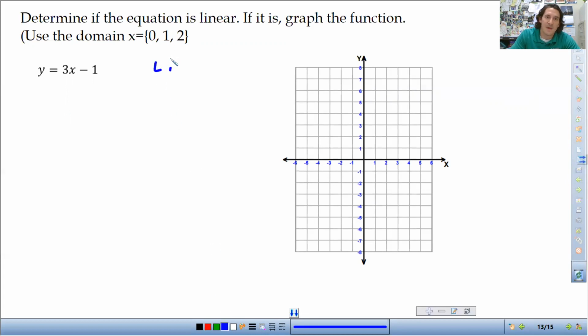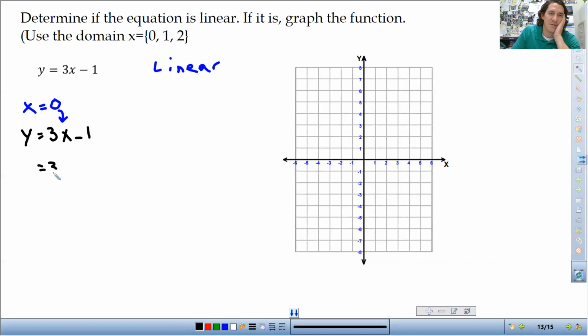All right. And so we are going to graph it using this domain just like we did in the last unit when we were graphing functions. So I'm going to take my x value, starting off with x equals 0. And the function is y is equal to 3 times x minus 1. And the 0 is going to go in for x.